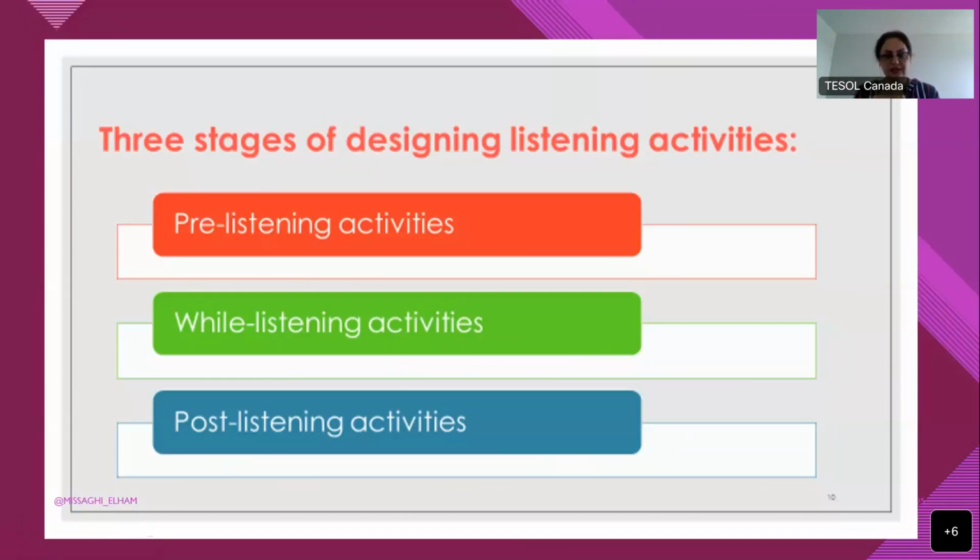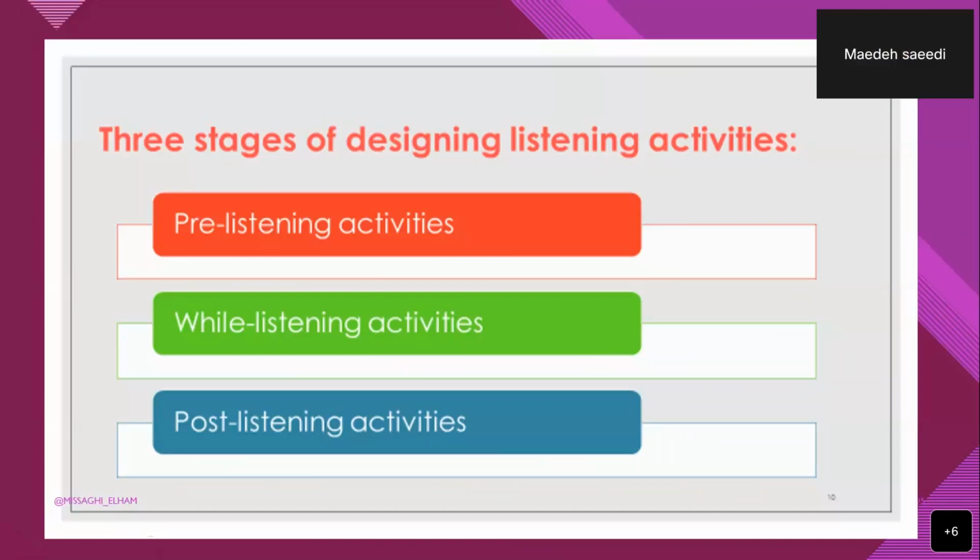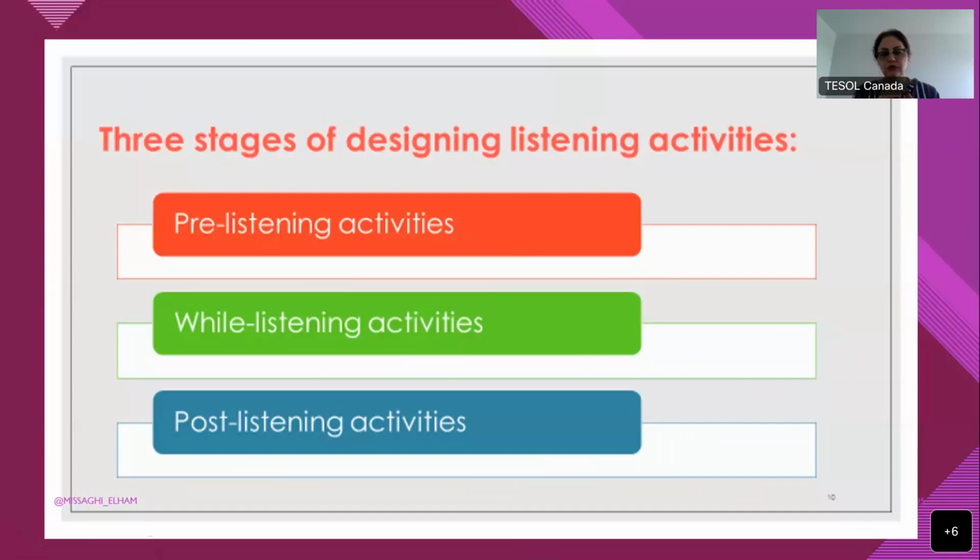Very good. What about number two? Pre-teach keywords. Exactly. And number three, prepare some activities to help your students focus better.